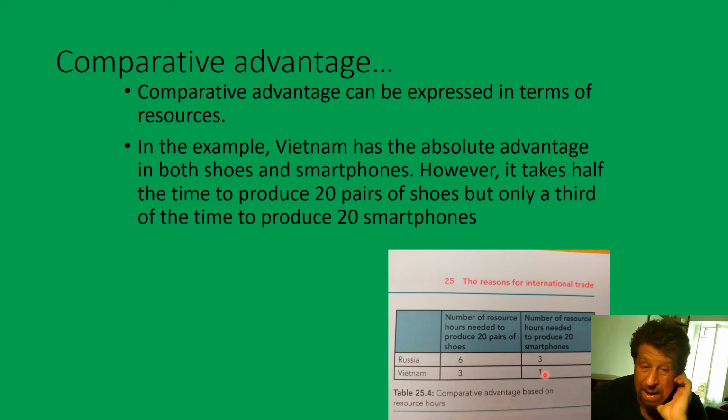It only needs 1 hour. So obviously, here there's a comparative advantage for Vietnam to focus on smartphones, and Russia to specialise on pairs of shoes, because then we should get much better total output.